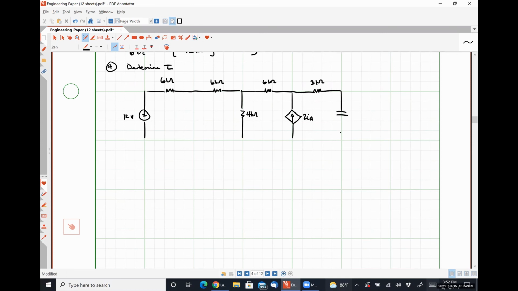And here's my capacitor. Here is where IA is.